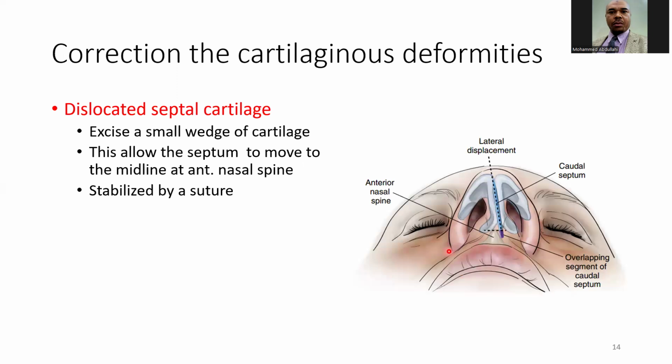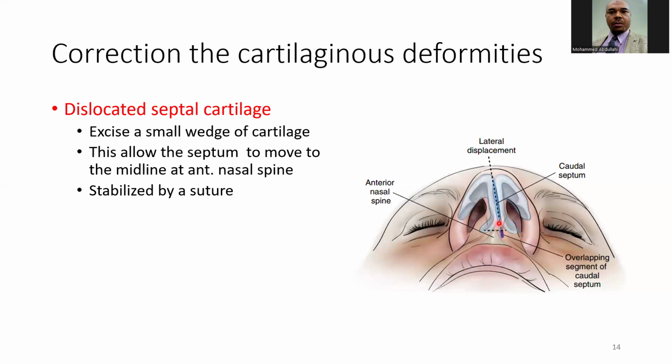Now, for correction of cartilaginous deformity, it depends on the type of deformity. Assuming it's a dislocated septal cartilage, first is to excise a small wedge-shaped cartilage at the lower part of the septal cartilage.